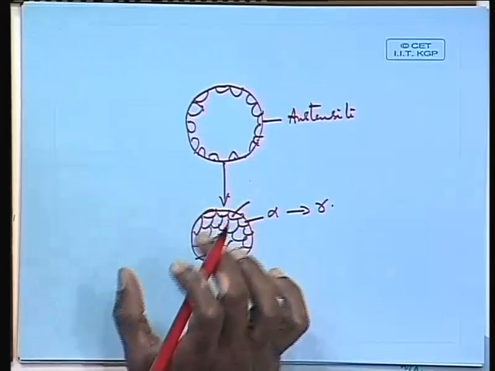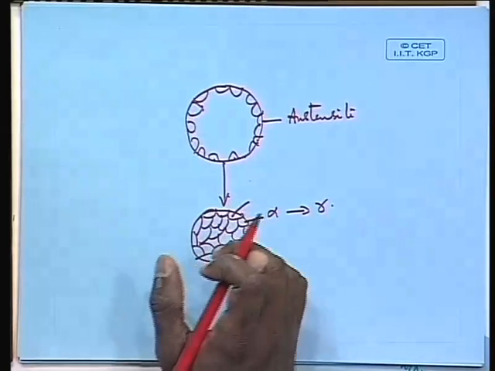Now, you can see with this what we have done is that you are starting with one grain of austenite, you have cooled it to some temperature in the intercritical zone and then heated back to austenite very rapidly, and while doing that you have come back to the austenitic regime with a larger number of austenitic grains. Starting with one grain of austenite, now you have generated a larger number of austenite grains, because all of these ferrite grains have converted into austenite grains.